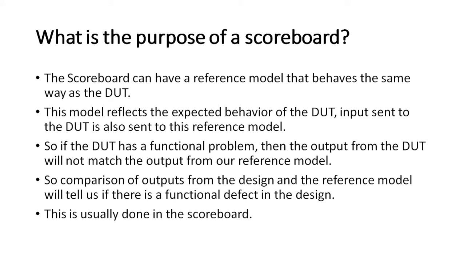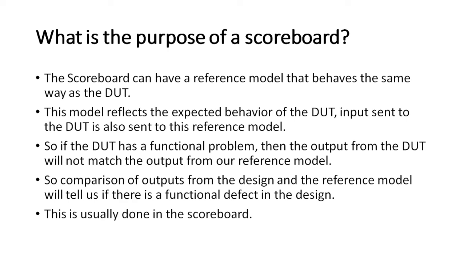Next, what is the purpose of the scoreboard? The scoreboard consists of a replica of the DUT and generates the predicted output. It has two mailboxes, one from the driver and another from the monitor. It is used to compare the output of the DUT with the predicted output generated by the golden model.